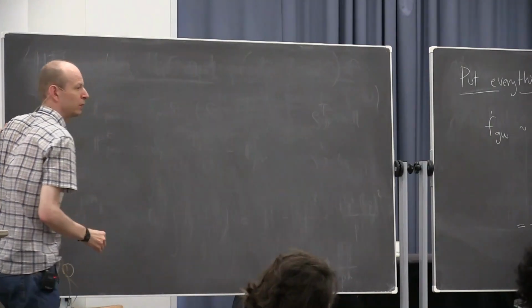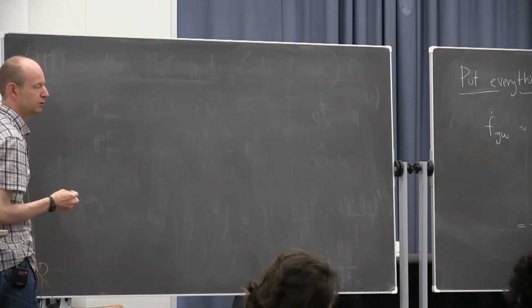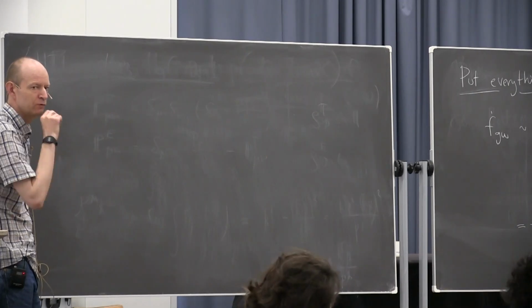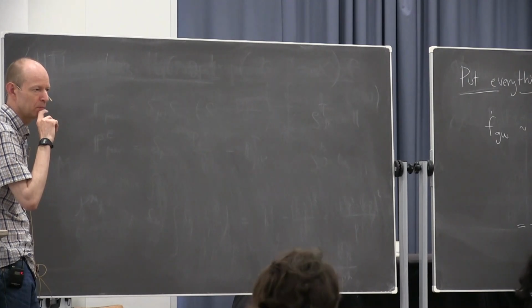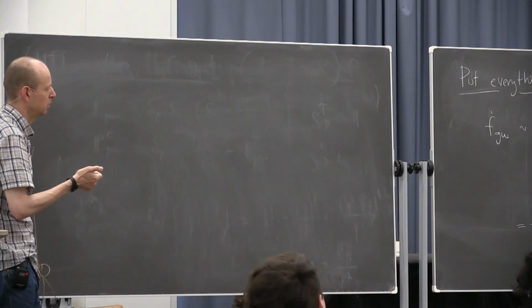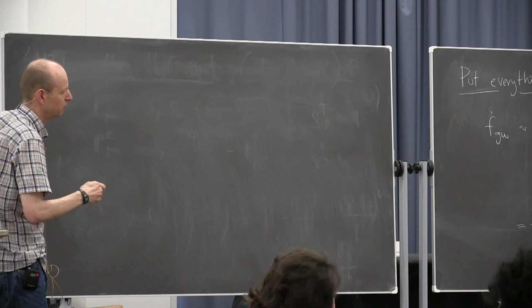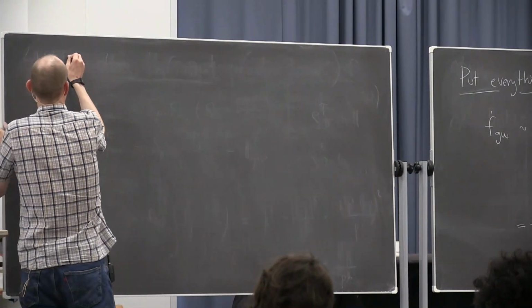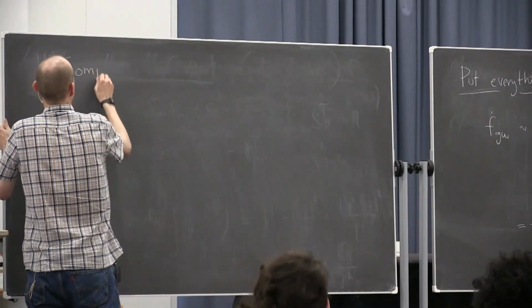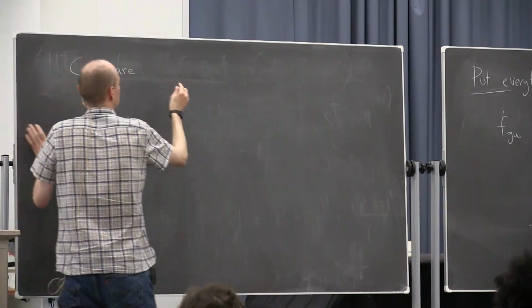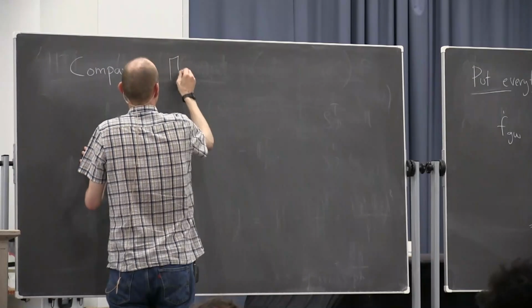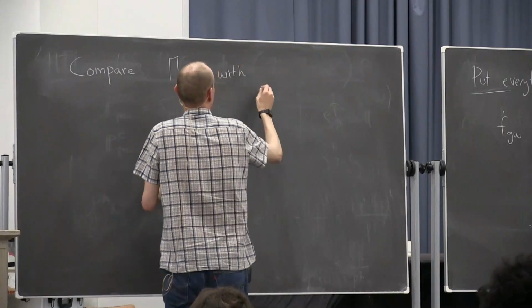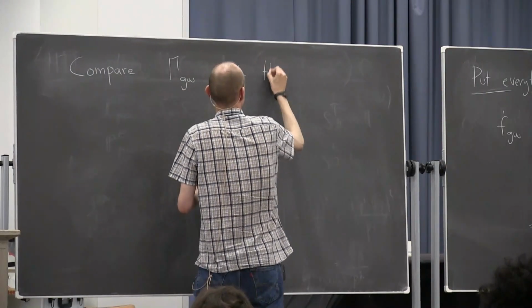So the usual thing we do in cosmology, when we get some rate, like here the production rate of these gravitons, is that we have to compare it with the Hubble rate, or the age of the universe, or the inverse of the age of the universe, the Hubble rate. So let's compare gamma GW with the Hubble rate.